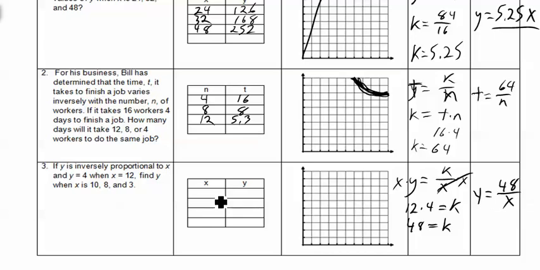So I'm just going to plug that into my handy calculator, and I'm going to look for when x equals 3, 8, and 10. And when I look on my table, I get y is 16, 8 is 6, and 10 is 4.8.